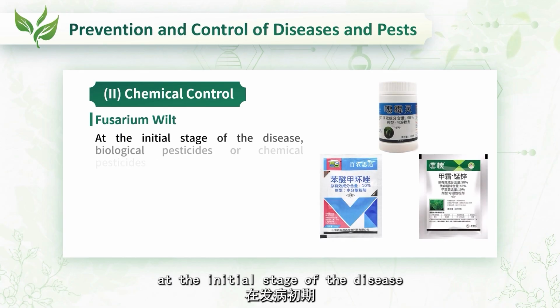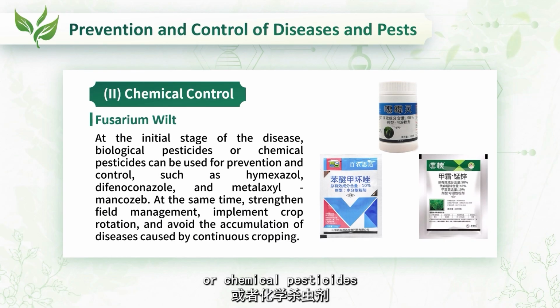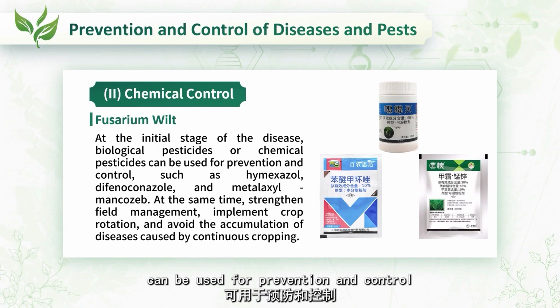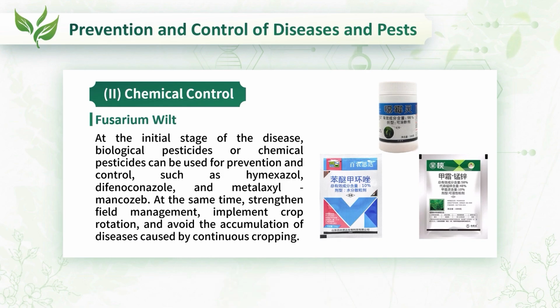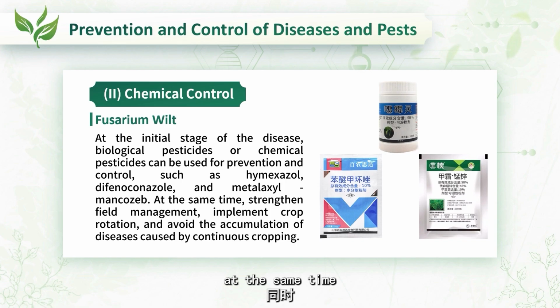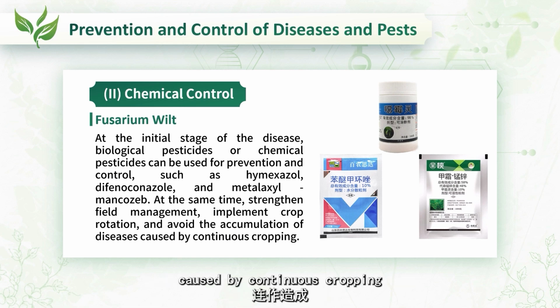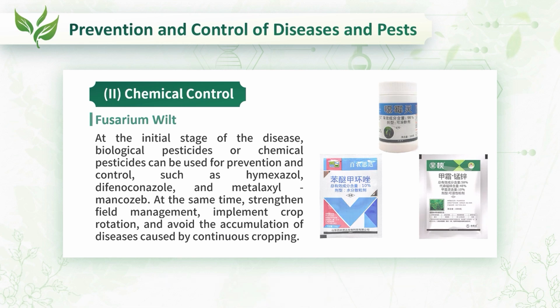At the initial stage of the disease, biological pesticides or chemical pesticides can be used for prevention and control, such as hymexazol, difenoconazole, metalaxyl, and mancozeb. At the same time, strengthen field management, implement crop rotation, and avoid the accumulation of diseases caused by continuous cropping.